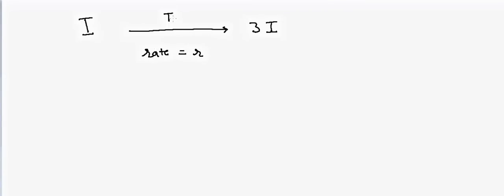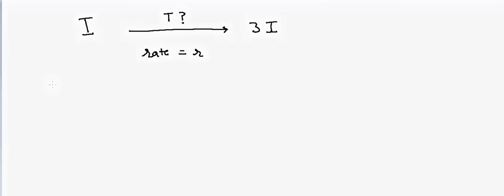This trick will give you an approximate value for the time it will take for you to get a particular return. Suppose you have an investment of I and you want this investment to grow to 3I after certain time t, and the rate of interest is R. By using this trick we can calculate how much time it will take, and the trick is simple.